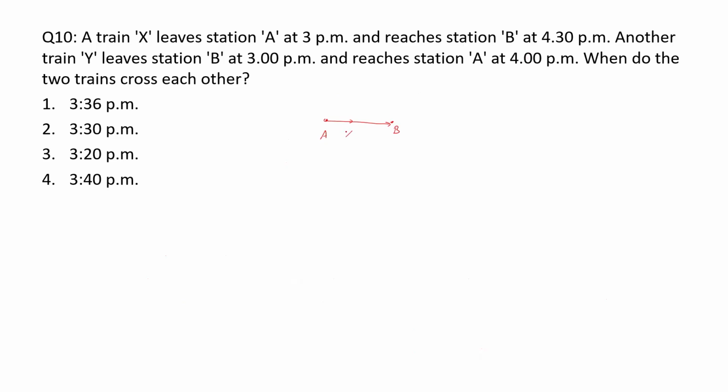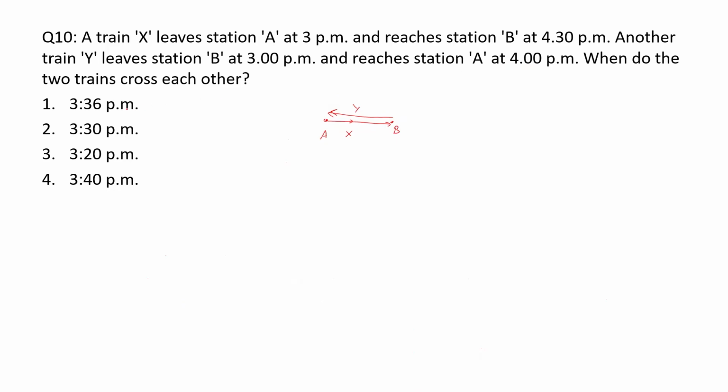So this is the situation for train X. And from B to A, one more train has started, train Y, and it took 1 hour. So it started at 3 p.m. from B and reaches A at 4 p.m.